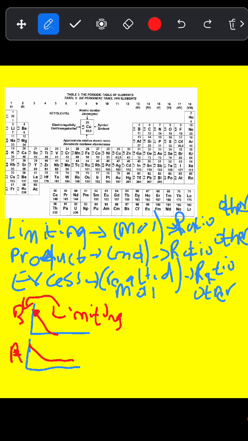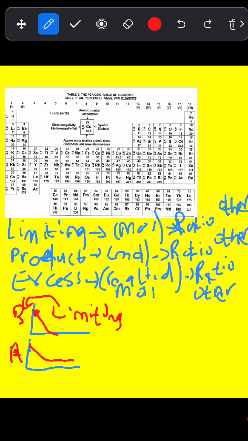This will represent the initial amount of the excess, and whatever the value is here will represent the remaining or leftover amount of the excess reactant.